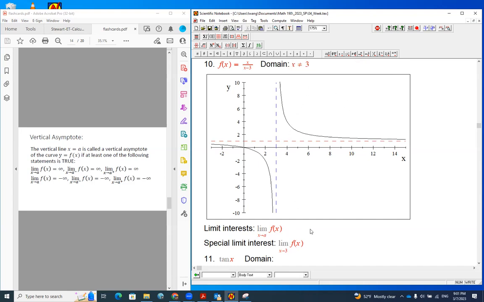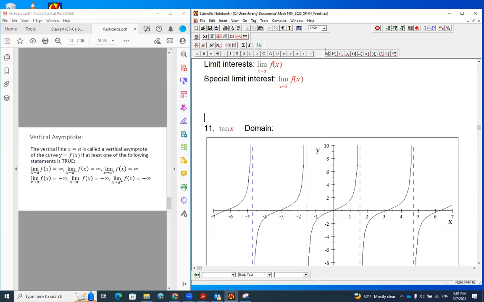Okay, so if you want to find a limit, say the limit is approaching a number other than 3, they're all direct substitution. But what if it's approaching 3? Then in this case, you have to look at limit from left and from right.